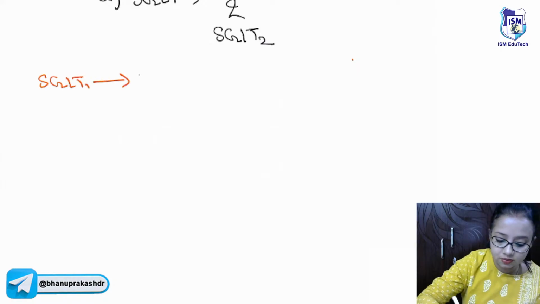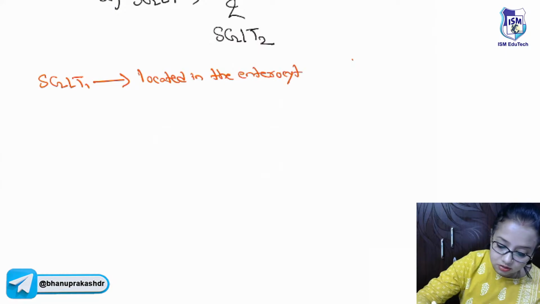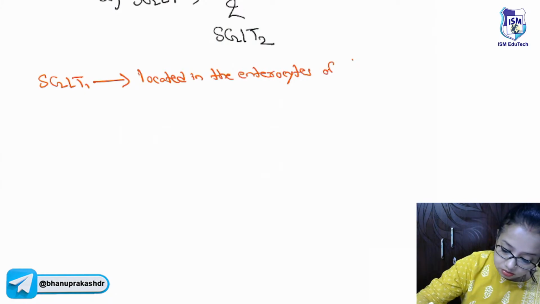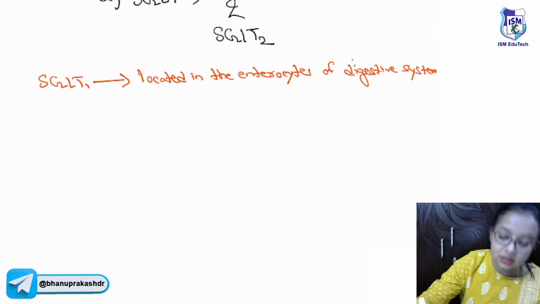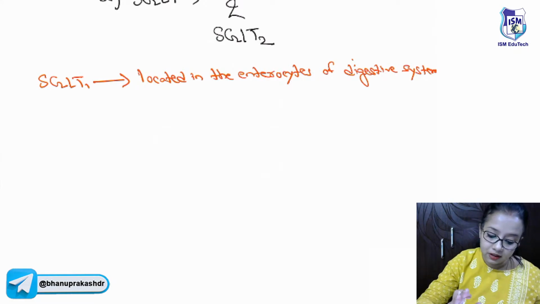SGLT1 is located in the enterocytes of the digestive system, that is like the intestine, right? In the intestine you have the enterocyte, it is present there. Okay.